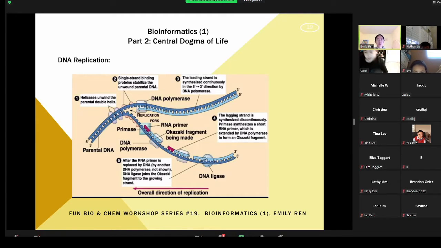So there are gaps that form segments called Okazaki fragments, and Okazaki fragments can be joined together by an enzyme called DNA ligase. So that's how the lagging strand can then be joined together to form a continuous strand.